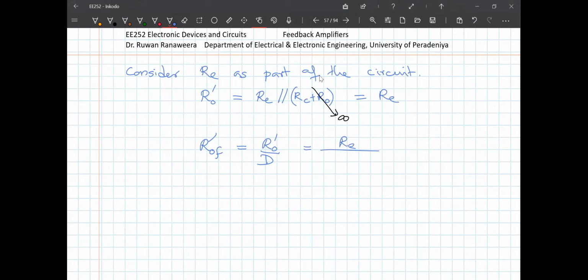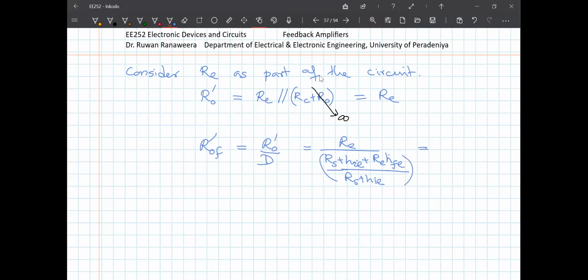RE divided by D, Rs plus HIE plus RE times HFE divided by Rs plus HIE. Like that.